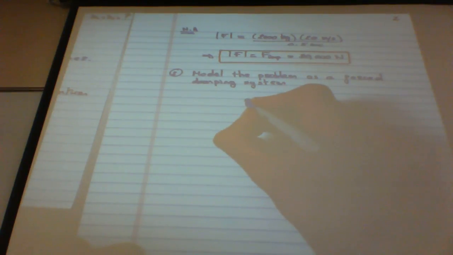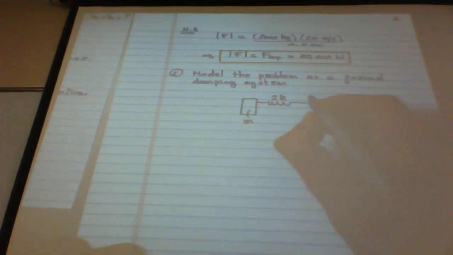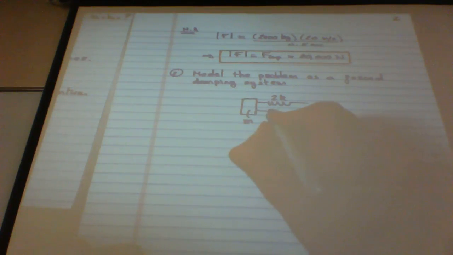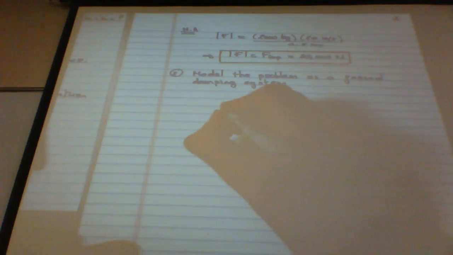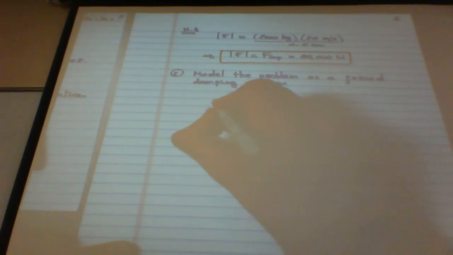Basically, we could do it upside down, it doesn't matter, but let's say we're going to have here our block F. Let me just do one spring here, that will be 2K, since K1 equals K2. Here we have our damper, C, and here we have our force. It doesn't matter if it's pushing in or out, so the spring will be the same thing, it will be F in.